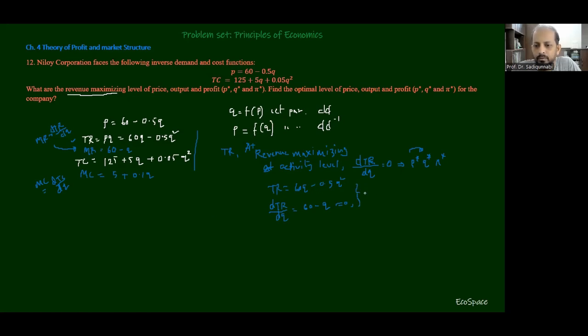And from this, we can get Q star equals 60. Insert this Q star equals 60 into P star equals 60 minus 0.5 times 60, equals 60 minus 30 equals 30.